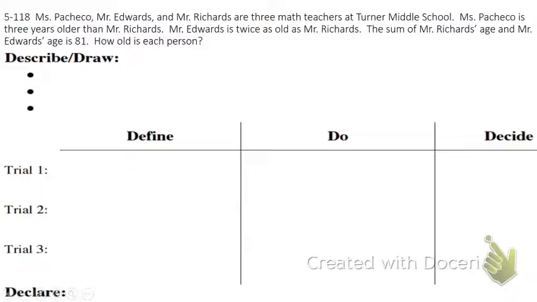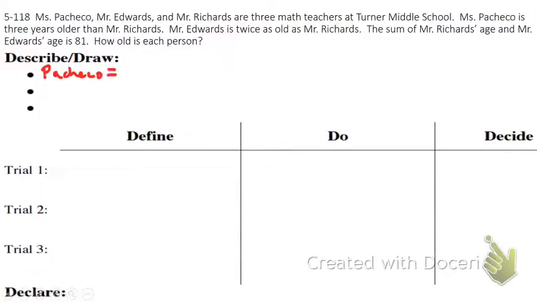Alright, so let's start to describe this. First in my describe and draw, I want to really make sure I find out what is the important information. So I do see above that we've got Pacheco is 3 years older than Richards.